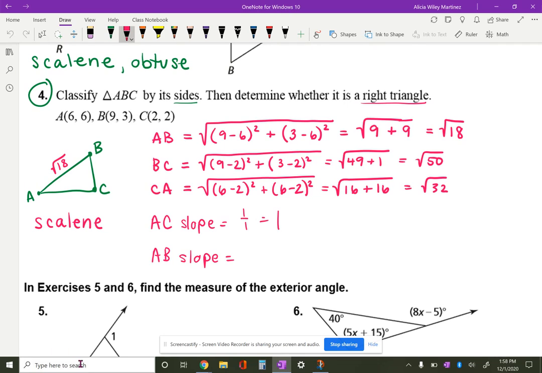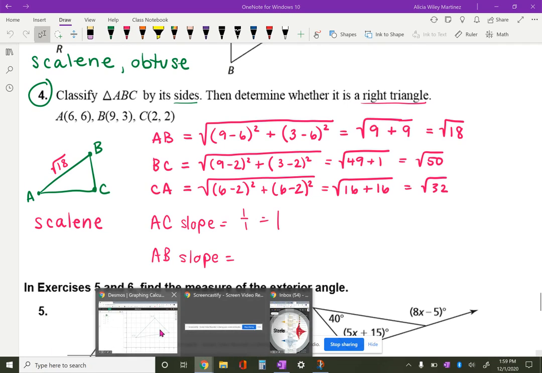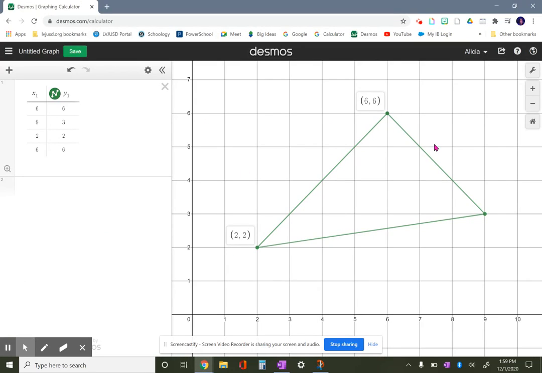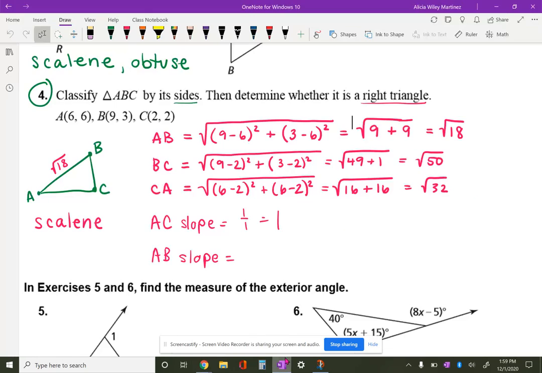All right, let's find the slope of the other line. That's from here to here. So let me unclick this one. It looks like I'm going up 1 and left 1. So up 1, left 1 gives me a value of -1.